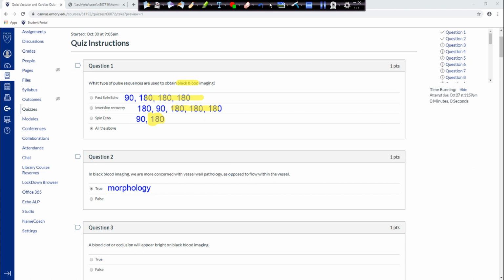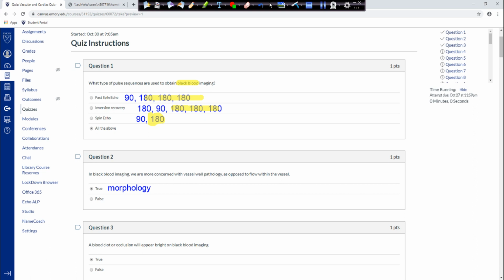All right, the third one here. A blood clot or occlusion will appear bright on black blood imaging. True. Why is that true, though? It's not moving, and it's getting refocused. Refocused, perfect. So it's receiving that 90 and 180.